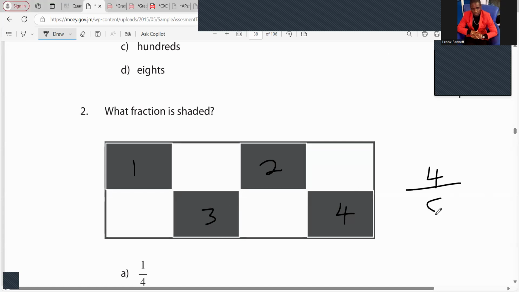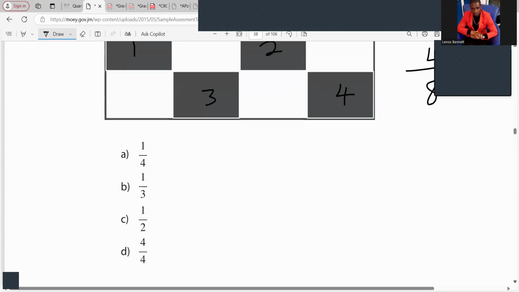So 4 out of 8 is shaded. Now we don't have 4 over 8 because they reduced the fraction to its lowest terms. They divide both the numerator and the denominator by 4, which gives us a half. So that will be T.